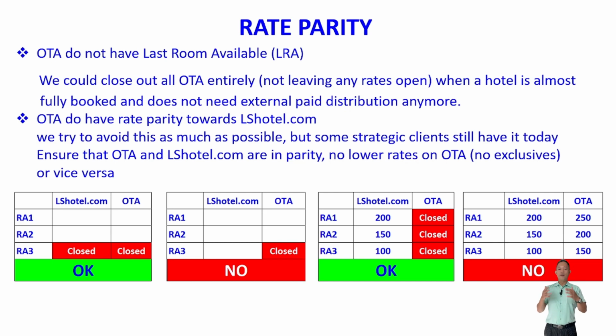But if we close OTA for A3, starwoodhotel.com needs to close A3 as well. A1 means regular rate or public rate that everyone can book. A2 means breakfast included. A3 is our early bird. We call it a hotel deal.